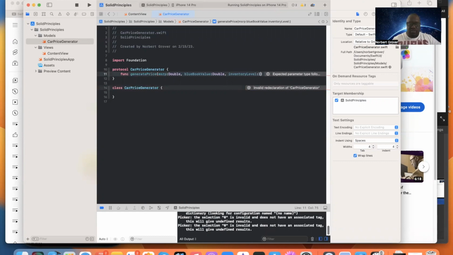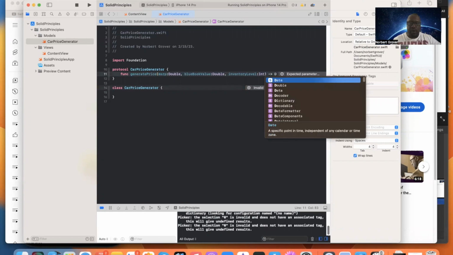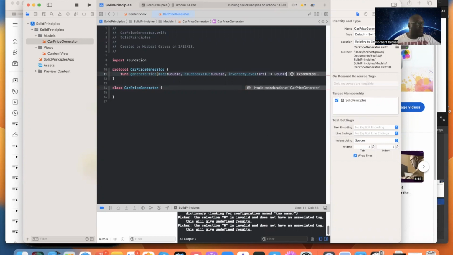I'm trying to enter some realm of realism, but not really. And this returns a Double. And that's what every function that we use must follow: the price generator protocol, the car price generator protocol.